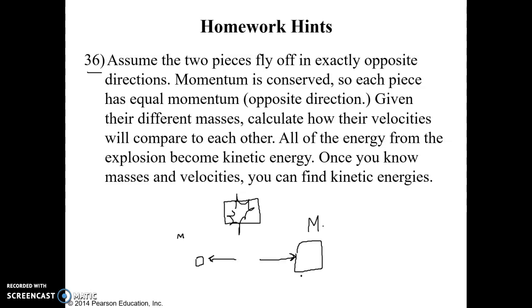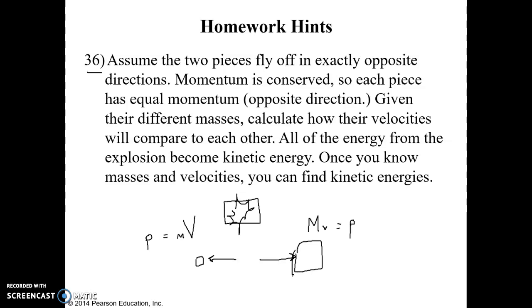The thing is, if this one has a large mass, it would have to have a small velocity. And if this one has a small mass, it would have a large velocity. So here we have big mass, little velocity. Over here we have little mass, big velocity. And the momentum of these two objects will cancel each other out.